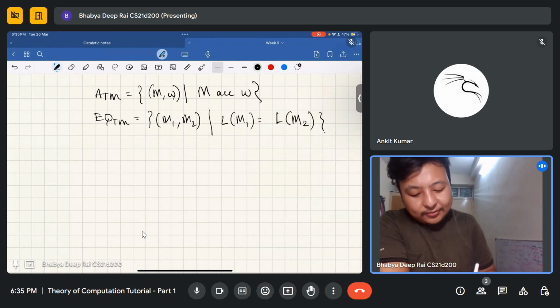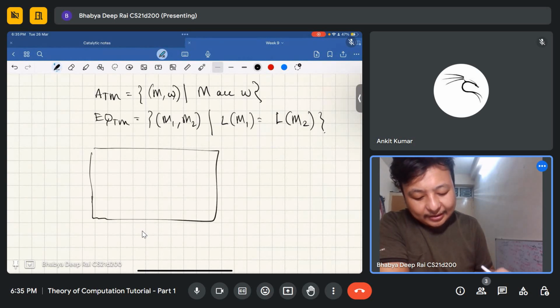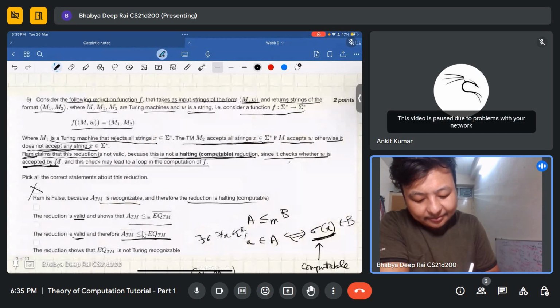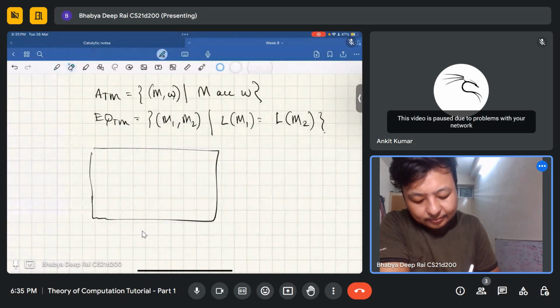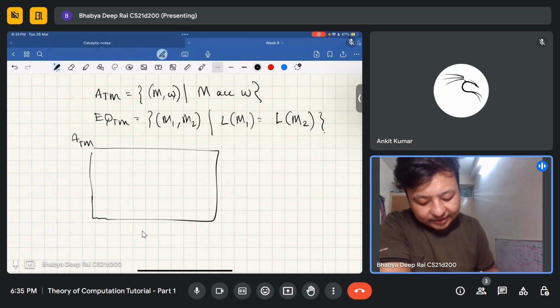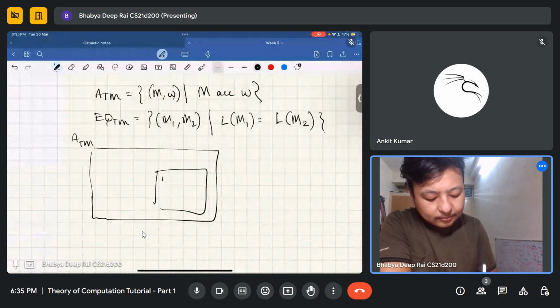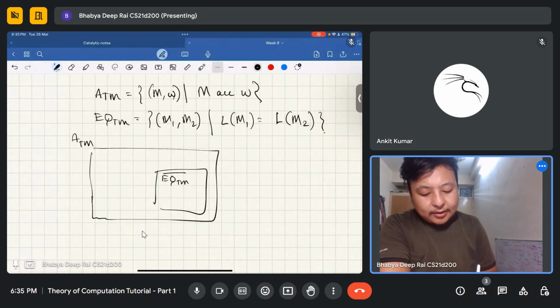So now what we are saying is that ATM reduces to EQTM bar, and here we have the f.